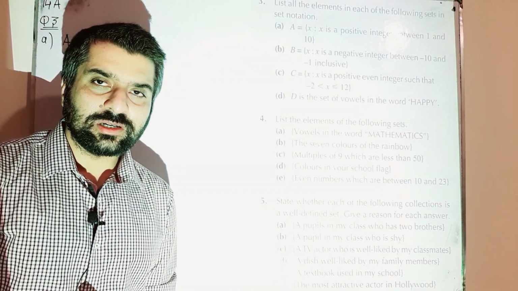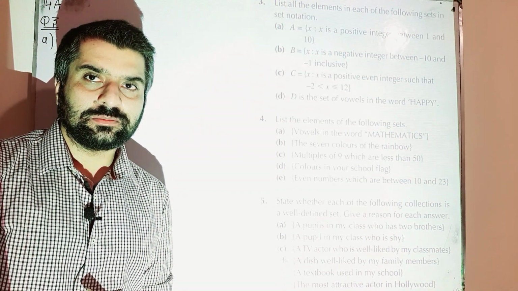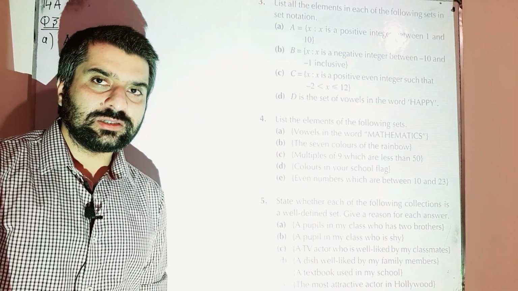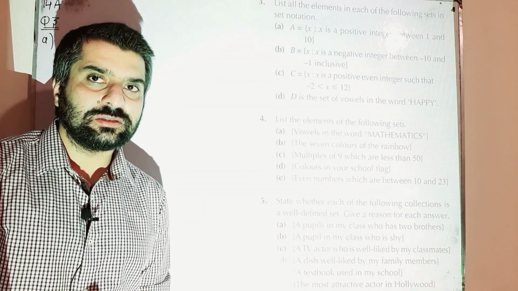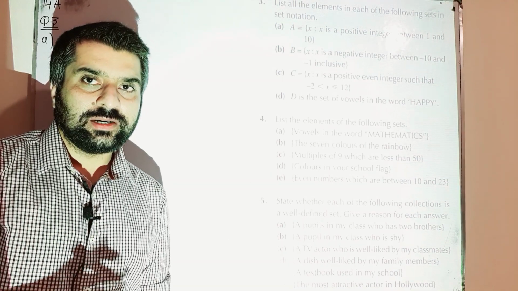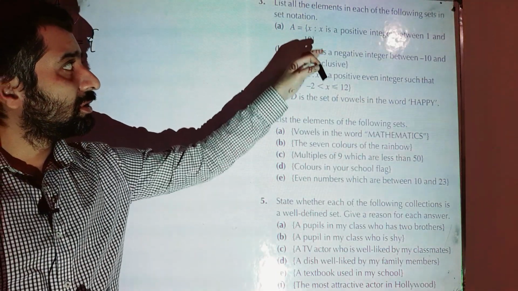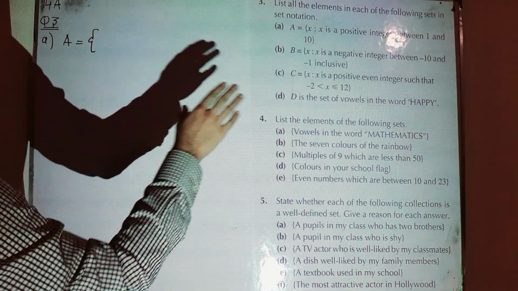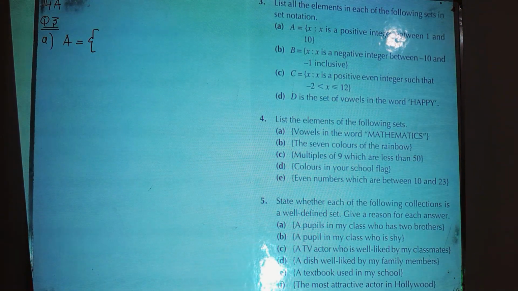One is describing a set in words. Second one is to write the numbers, whatever the elements are, in numeric form, so that is the set notation form. And third one is this one, in which the question is given, and that form is basically describing the elements in a set in set notation. So we have 3 ways to describe a set.